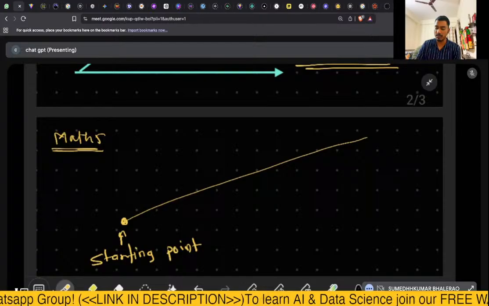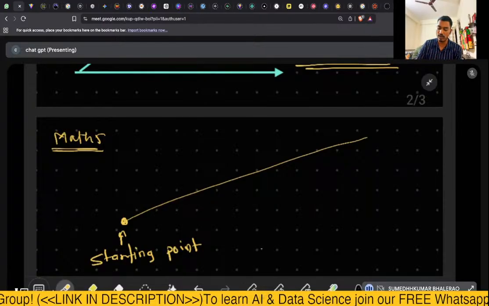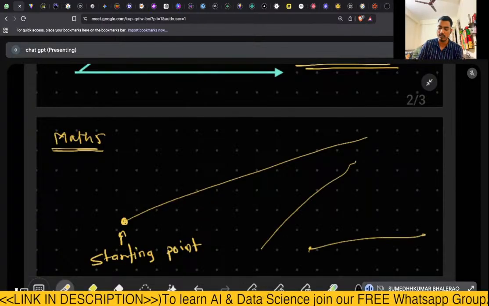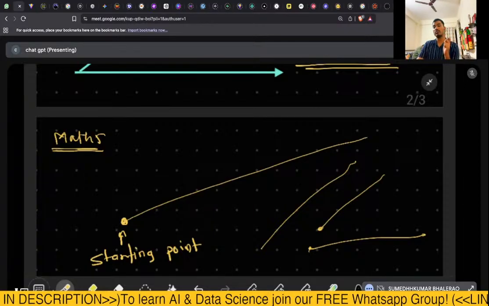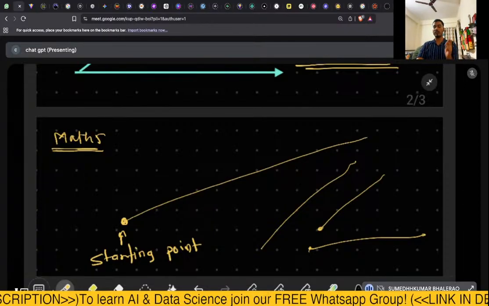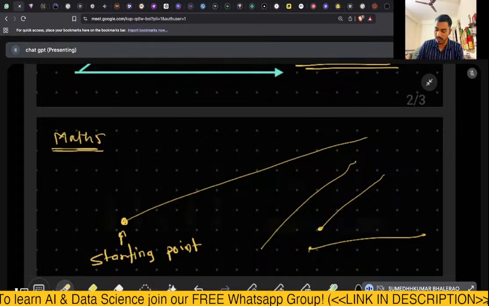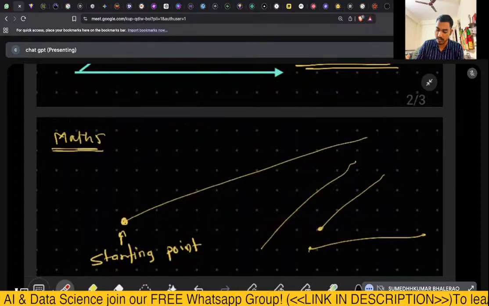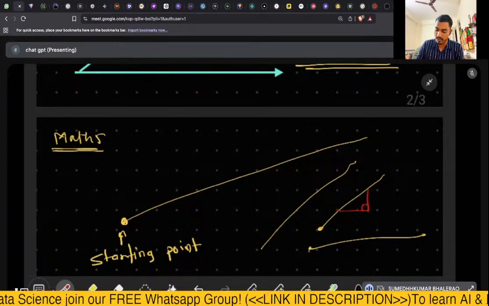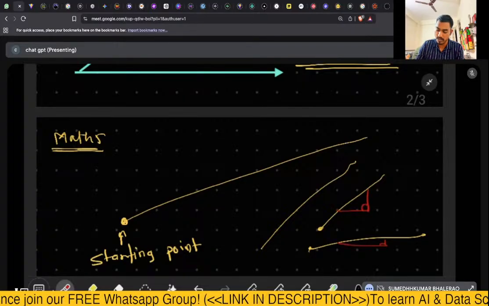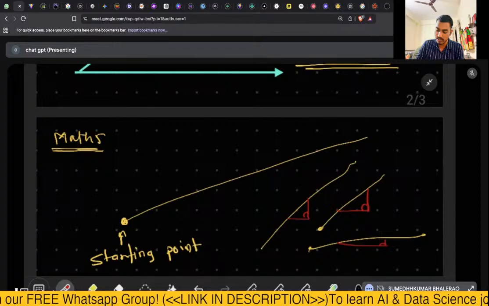And from a starting point, I can draw here also, here also, here also. So to know where the line is going, you should know the slope. Slope is calculated by this angle. This is slope, this is slope.